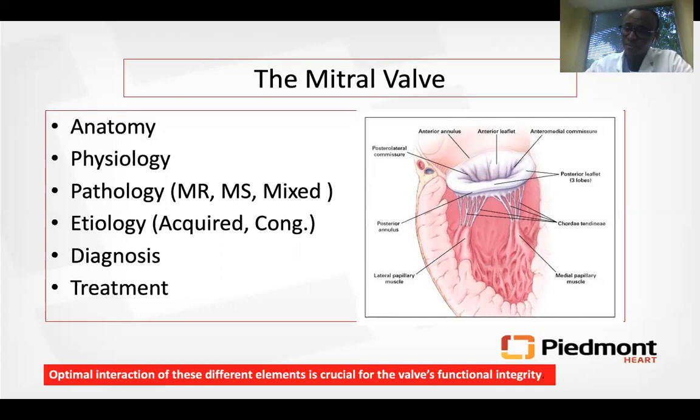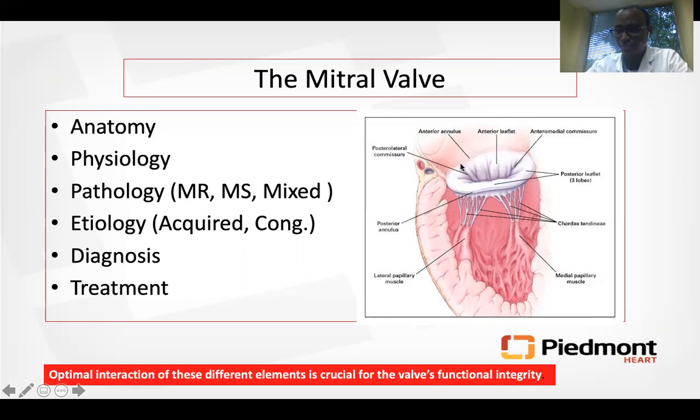It has multiple connections, and a pathology in any of these connections can result in mitral regurgitation. The fibrous structure that anchors the entire valvular apparatus is called the annulus.